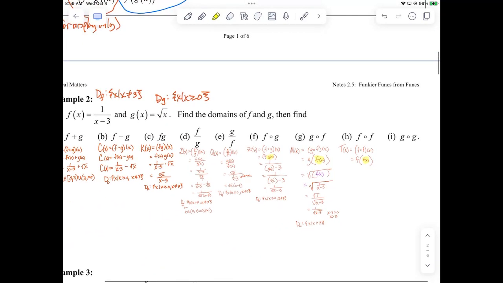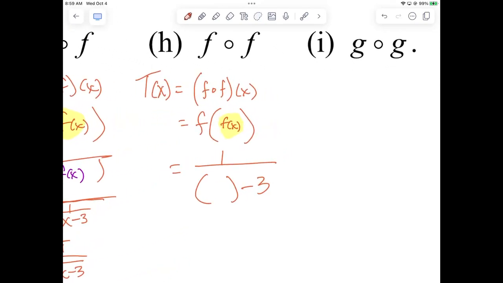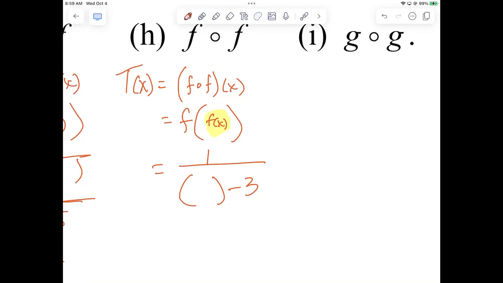So we start with the outside function, F. F is 1 over X minus 3. But what am I putting, first of all, in place of X? I'm putting parentheses first. And then inside that parentheses, I'm putting F of X, which is 1 over X minus 3. This problem's so meta, right? It's inside of itself. Look at that.